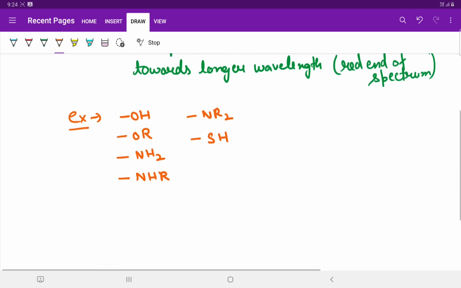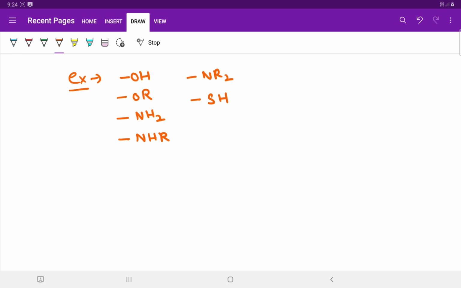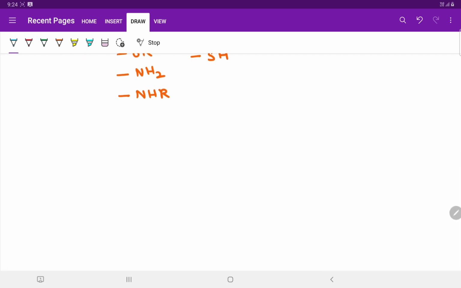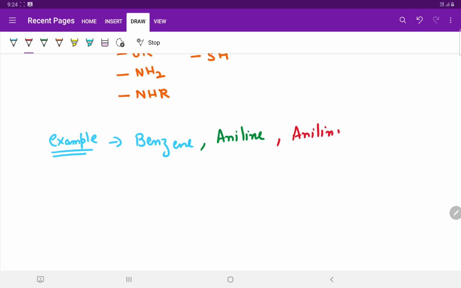Now let us see an example by which we can easily understand. We are taking the example of benzene, aniline and anilinium ion. So now let us first of all draw the structure.